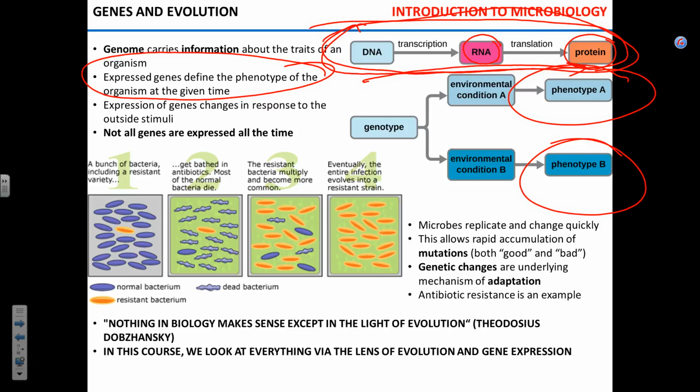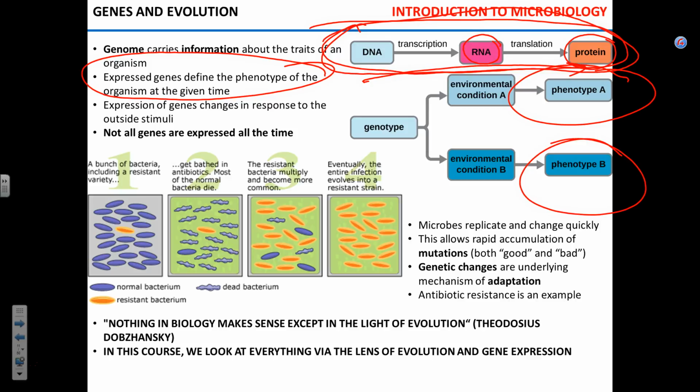Survival is the pressure that drives the changes. Yes, sexual reproduction. Well, bacteria don't have sex in a traditional way. We'll talk about what is called bacterial sex, so-called conjugation, but it's not classic sexual reproduction with haploid cells exchange.